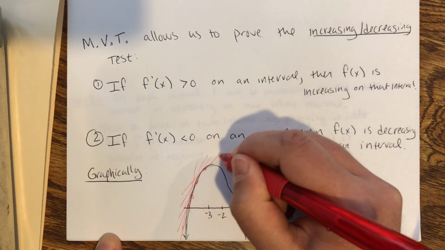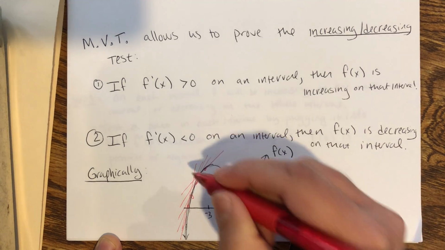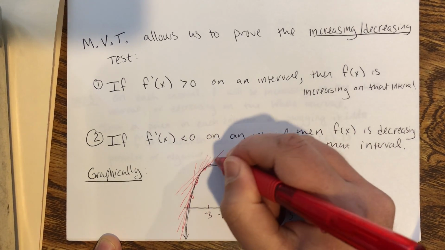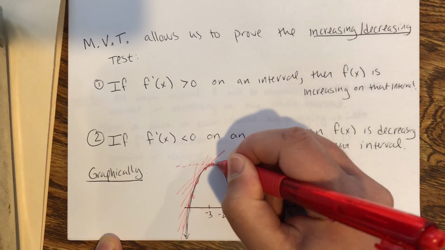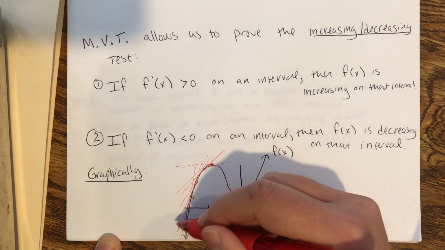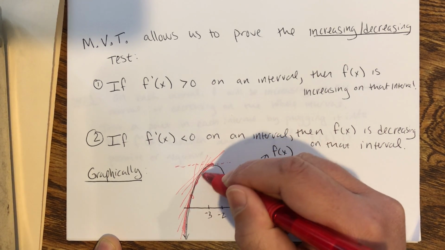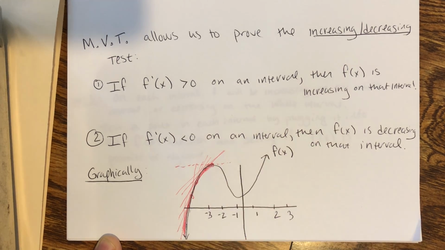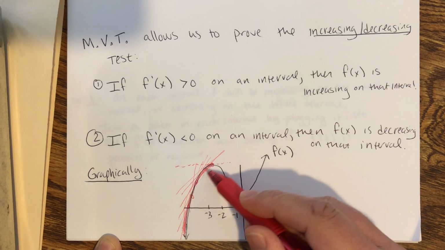Now, our lines are getting a little bit less steep as we go, which means the slopes are maybe a little bit smaller, but they're still positive until we get to the very peak of this curve here, at which point our tangent line has a slope of 0. And so for this entire section of the curve, the derivatives were positive. The slopes of the tangent lines were positive, and notice that the function was increasing. It was going uphill from left to right.